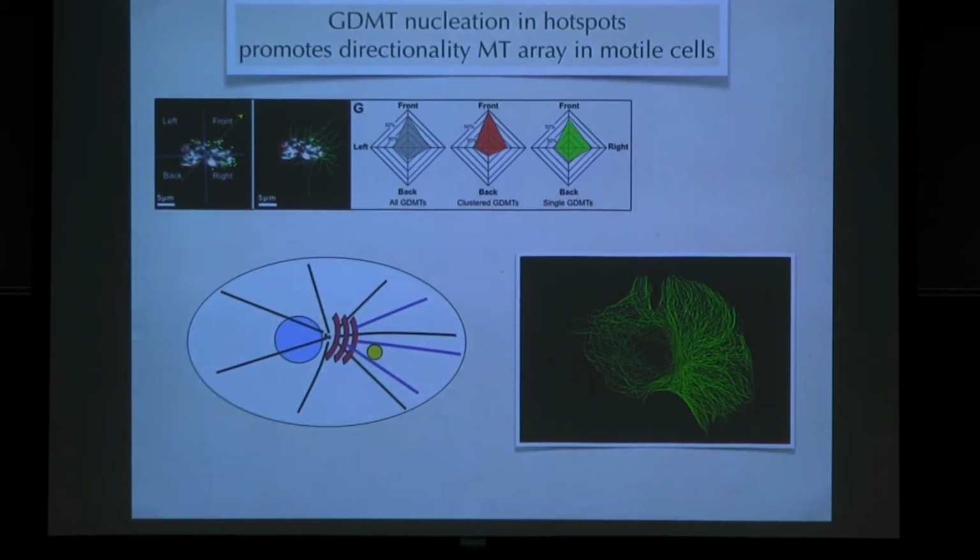So for whatever reason, which we don't know, clustering of microtubules and formation of the hotspots results in a higher polarity of the Golgi-derived microtubule array.